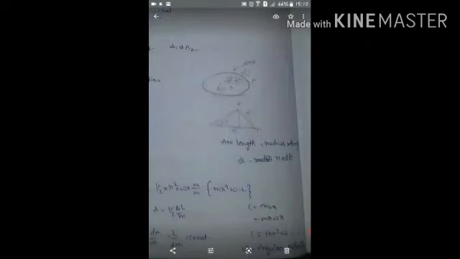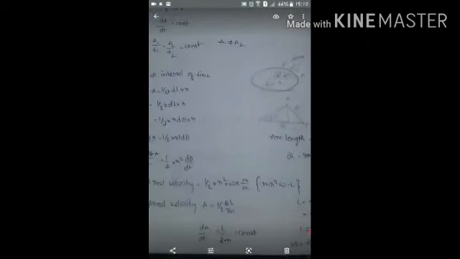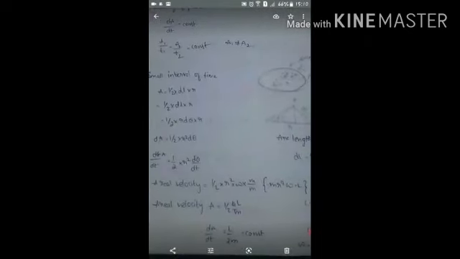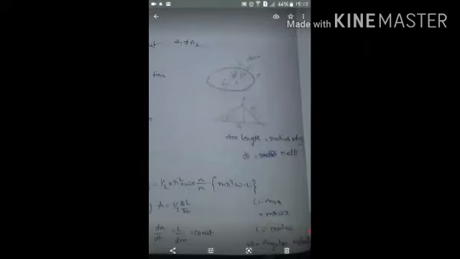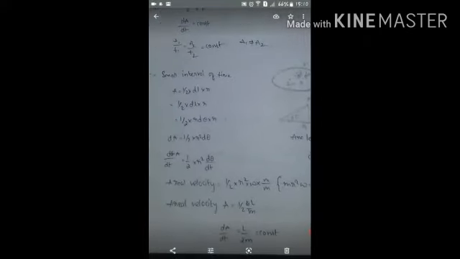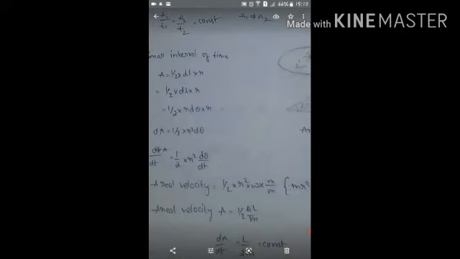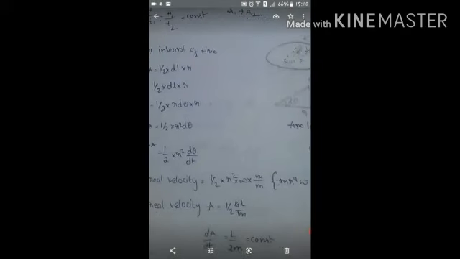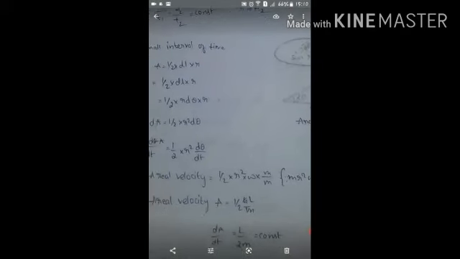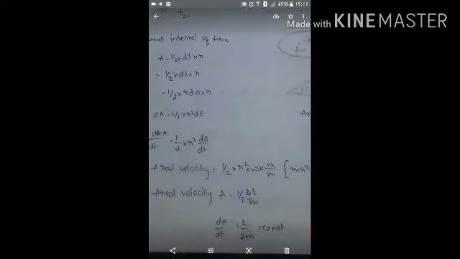Here omega is equal to angular velocity. By substituting r squared omega as L by m, we get dA by dt is equal to L by 2m is equal to constant.